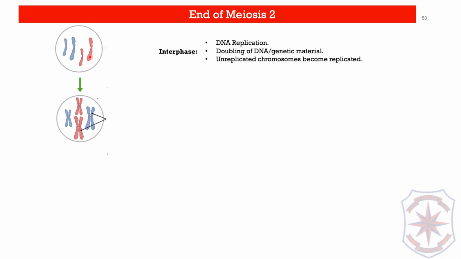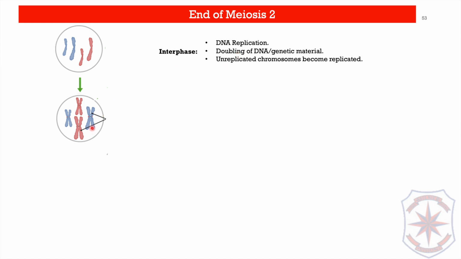They contained one chromatid each, and then a copy of that chromatid was made. Now they are going to have two chromatids. Same goes with the blue chromatids. A copy of this chromatid was made, and then the blue chromosomes now have an additional chromatid, and now they have two chromatids each. That is a result of DNA replication, which happens during interphase.